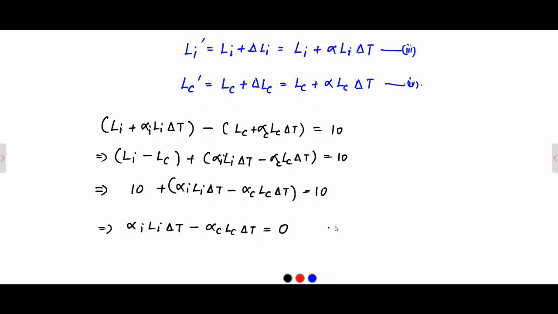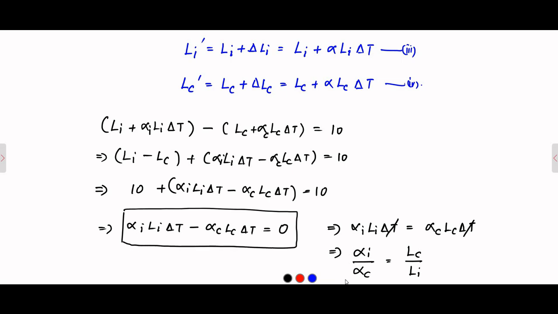Or that implies alpha I Li delta T is equal to alpha C Lc delta T, delta T gets cancelled, that implies alpha I by alpha C is equal to Lc by Li. So this is one important relationship.